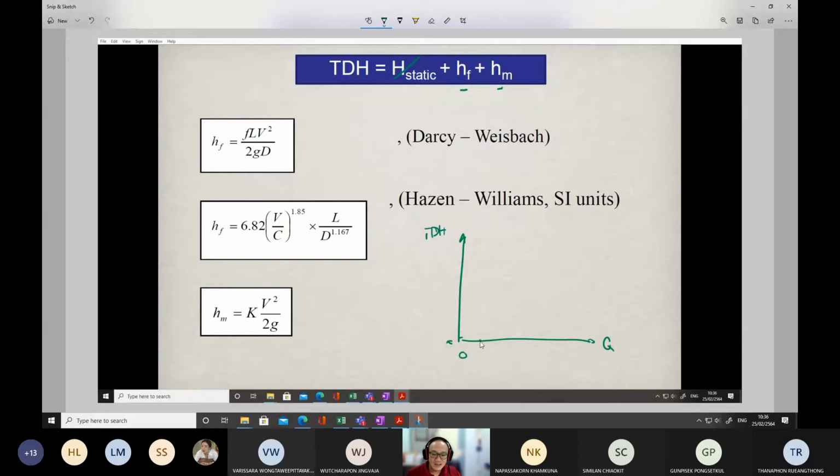But if we increase the flow rate passing through the piping system, the loss will increase like this, because this is a square, and this one is to the power of 1.85. So it will be something like this. If we plot TDH versus the flow rates, we just ignore the static head. But if we combine the static head with the major loss and minor loss, you will get a curve something like this.